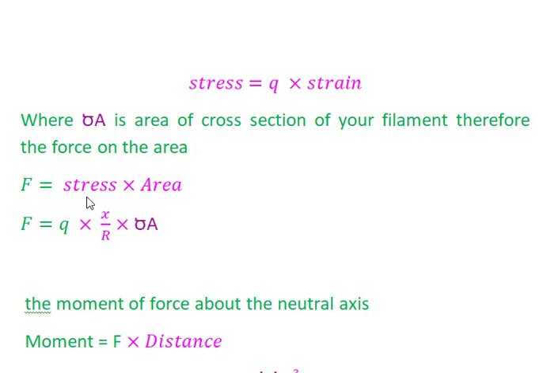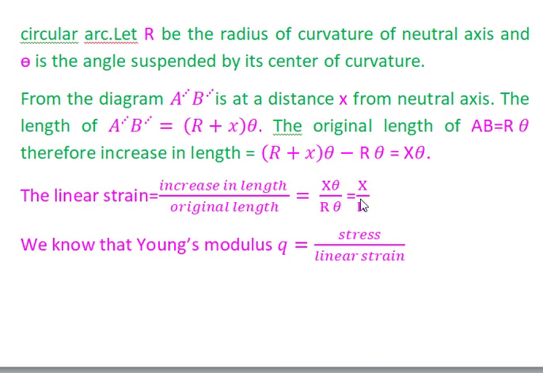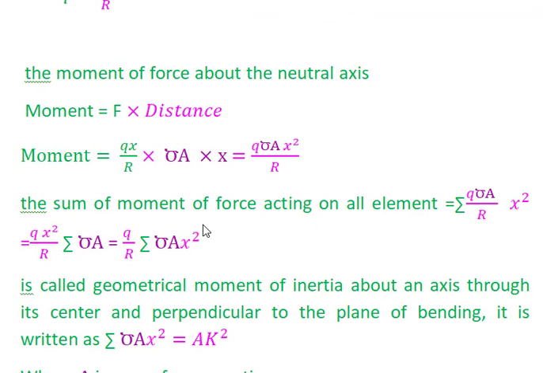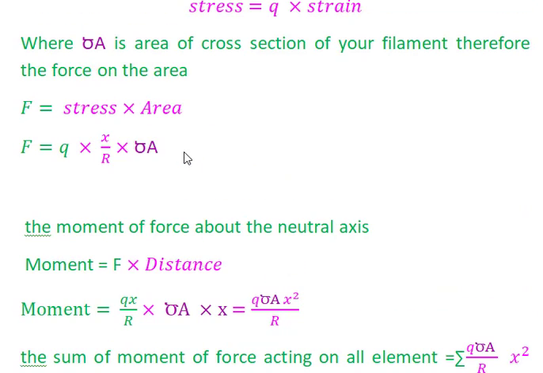Stress is equal to Q into strain, and this strain we have already derived as x by R. So the force is Q into x by R into del A.